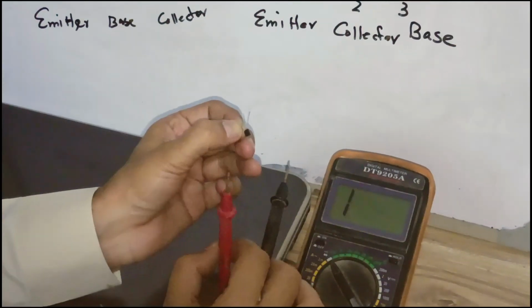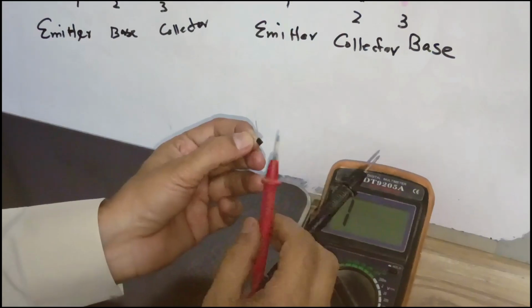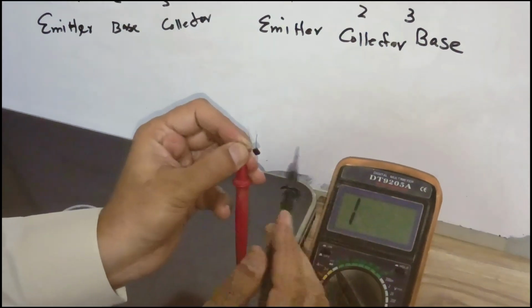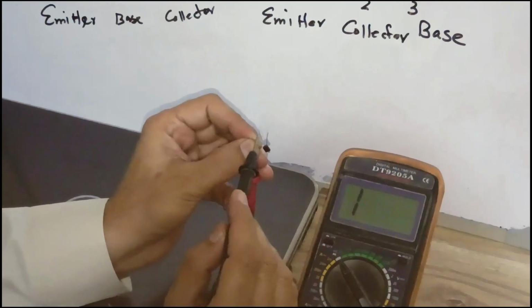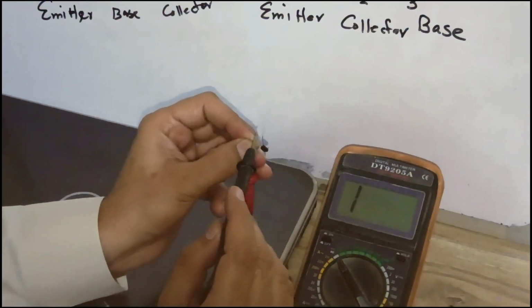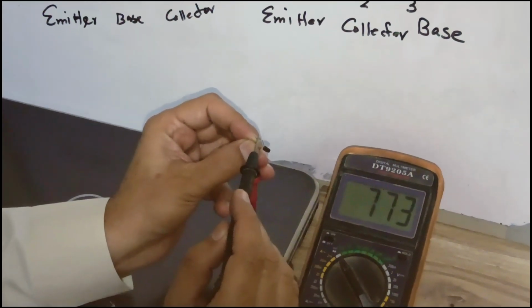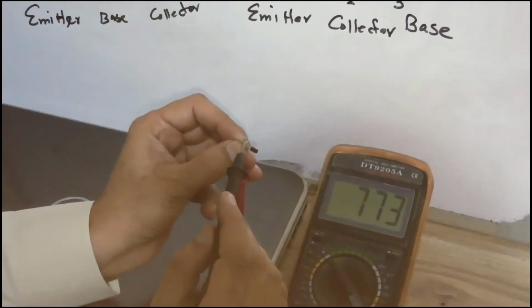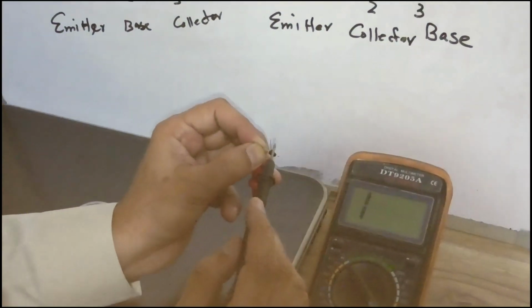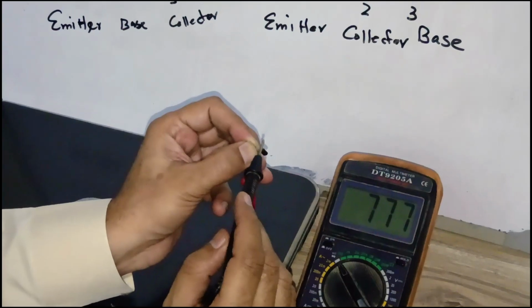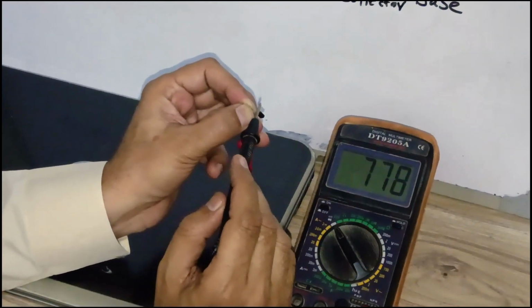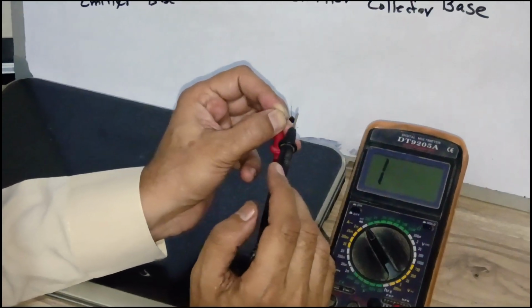So this is an NPN transistor, so the red probe should be on terminal number 3, which is the base. If we connect with terminal number 2, which is the collector, you can see the resistance on the digital multimeter. And if we connect with terminal number 1, which is the emitter, it is also showing some resistance. So this is how we can check.